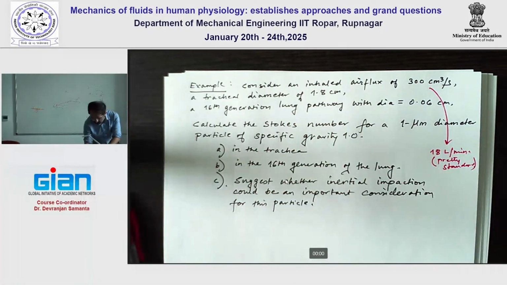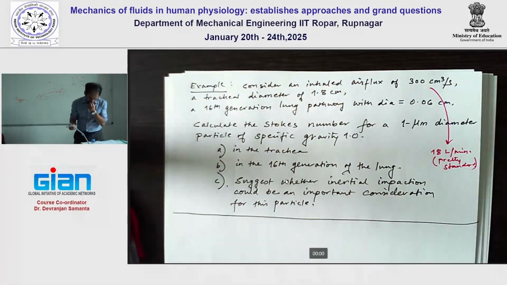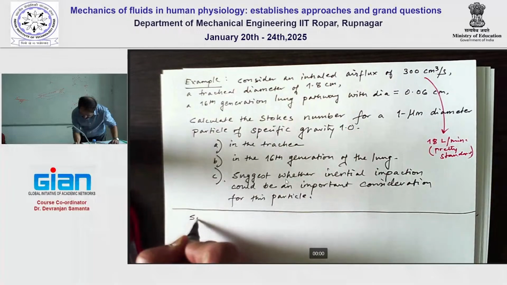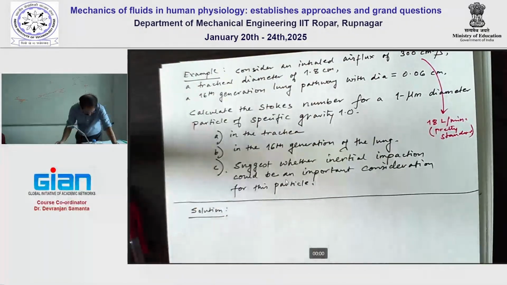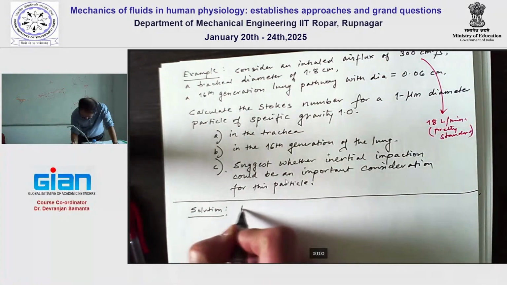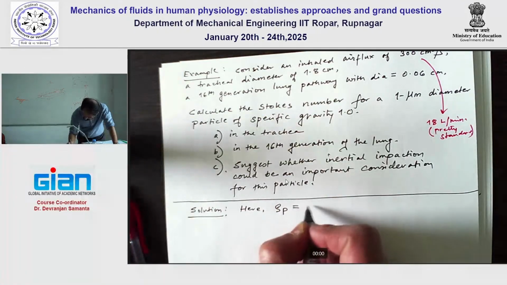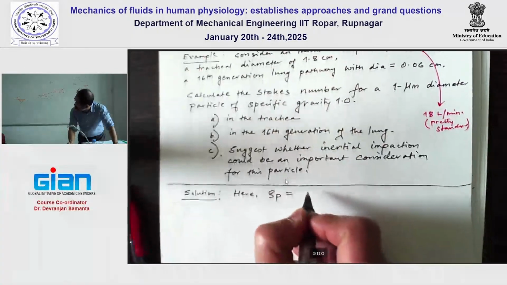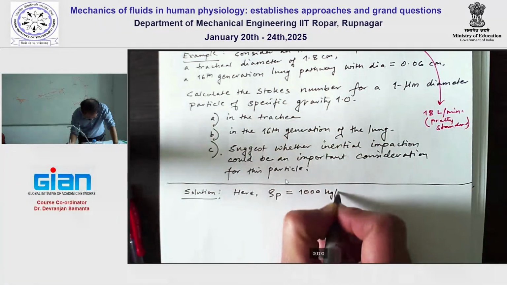Okay, so let's try to solve this problem. Let's first note down what we know about the particles. Here we have rho p, the specific gravity is 1, so the density of the particle is 1000 kg per cubic meter.